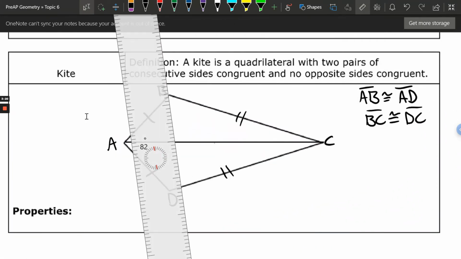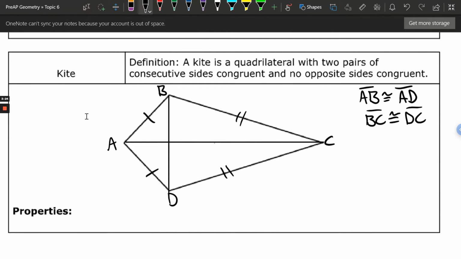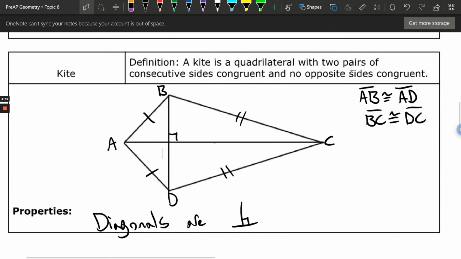But if we draw both diagonals in, the most important property about the diagonals of a kite is that they are perpendicular, which means that this is a 90-degree angle here. This makes a lot of congruent triangles, which will help us find some angles later. But that's about it as far as notable properties of the kite. Let's do a few examples with the trapezoid first.